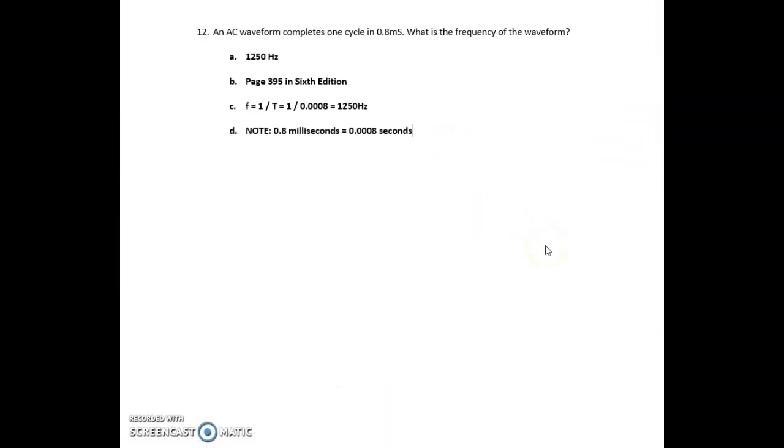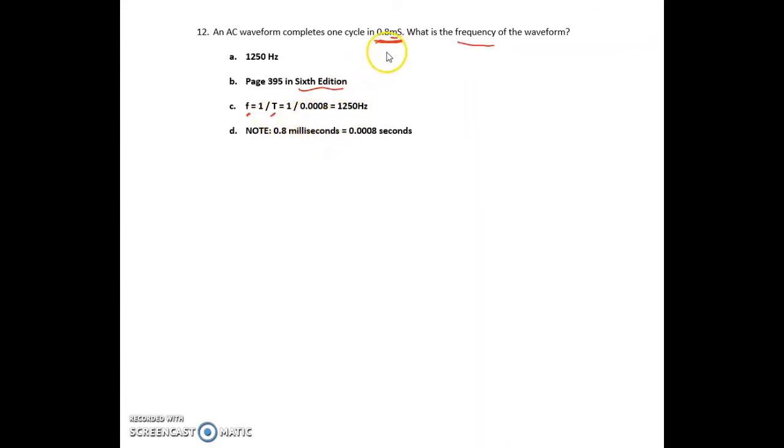And finally, number 12, an AC waveform completes one cycle in 0.8 milliseconds. If you notice, there's milliseconds here, and it's asking for the frequency. In the 6th edition, the formula is on page 395. Frequency equals 1 over time.